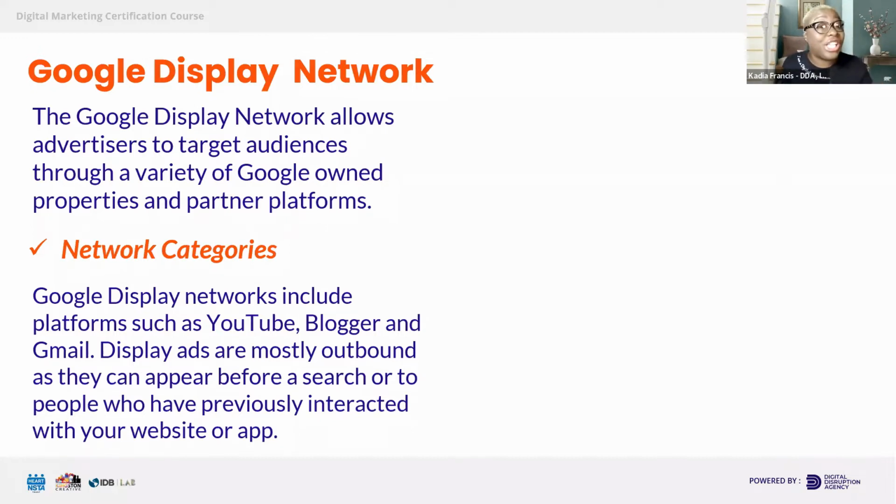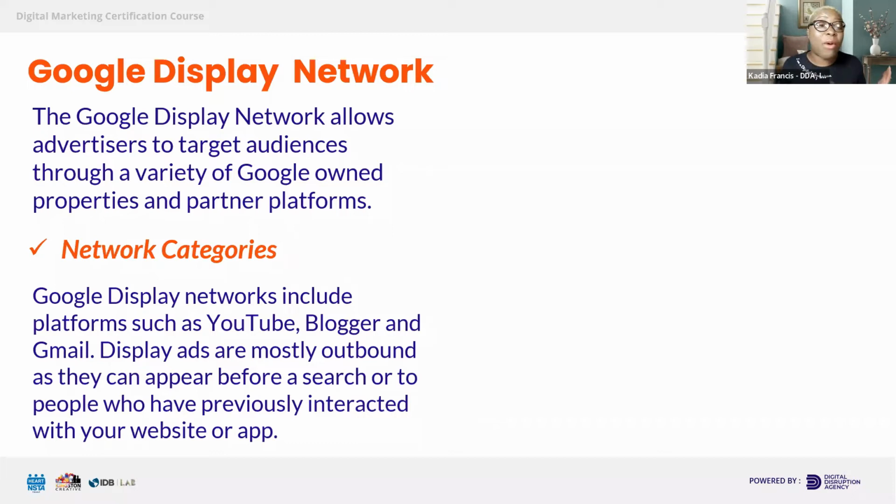Remember that Gmail is a Google property. So if I, as an advertiser, am bidding for ads on Google, Google is going to send those ads out to their own properties. That's why you're getting these ads in your Gmail that you cannot get rid of, because it's part of the Google Display Network.